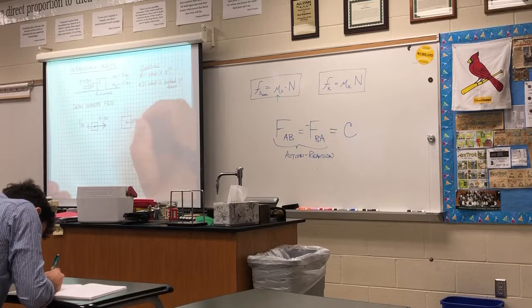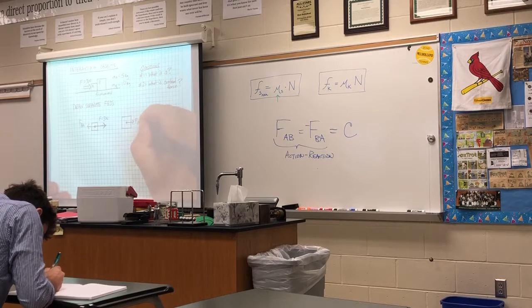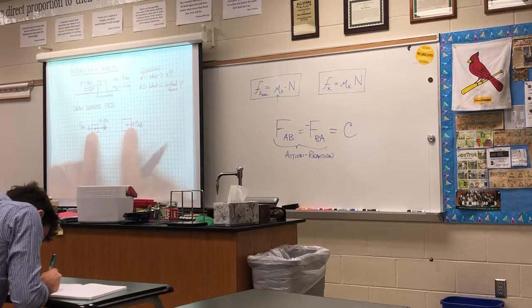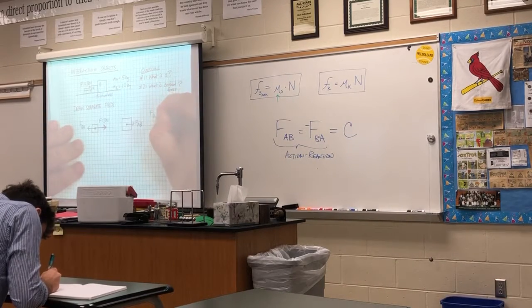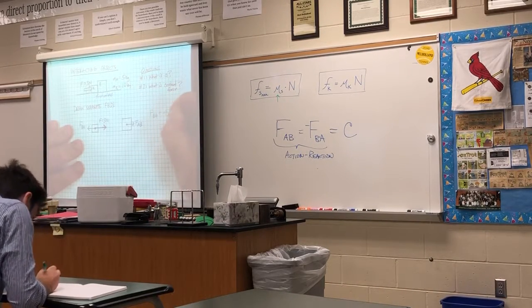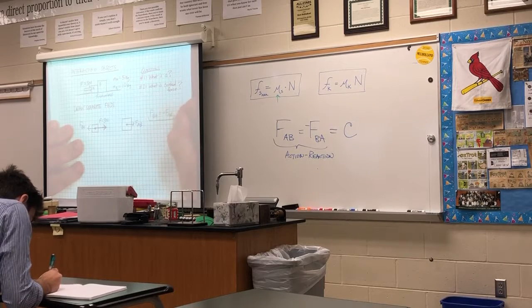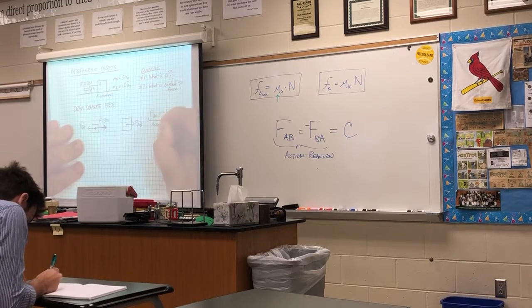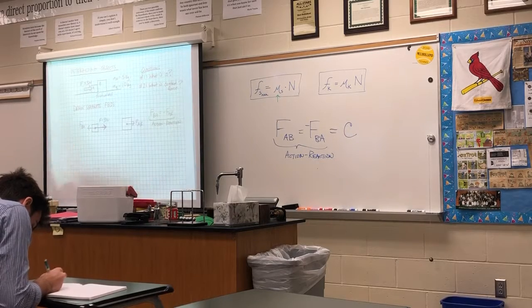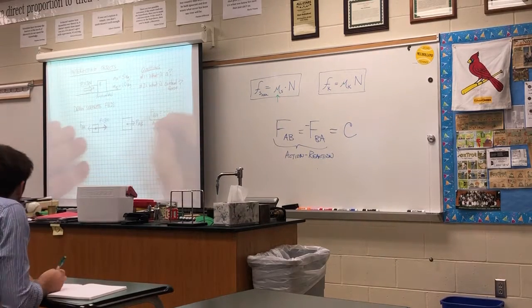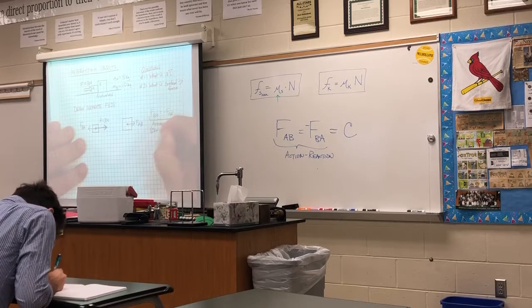No, the same in size as this one. So again, F of B on A equals negative F of A on B. As we said, they are action-reaction. And these are the what? These are the contact force.